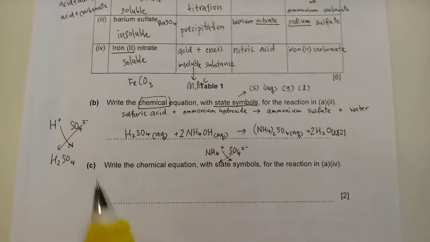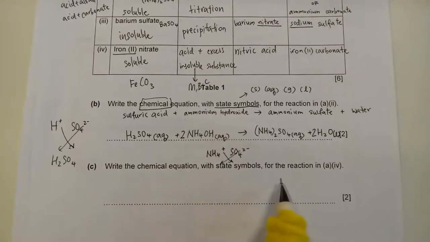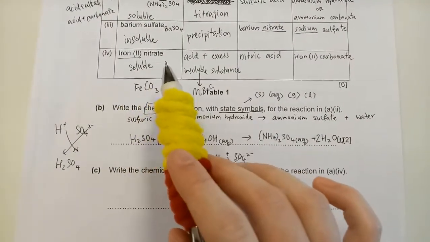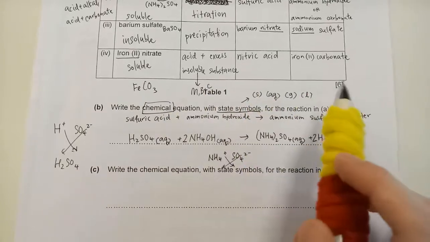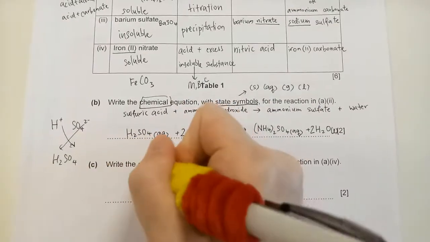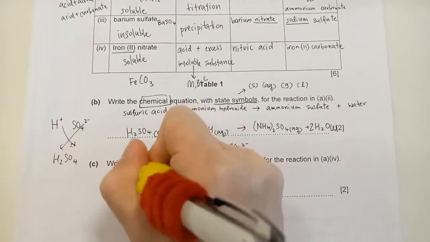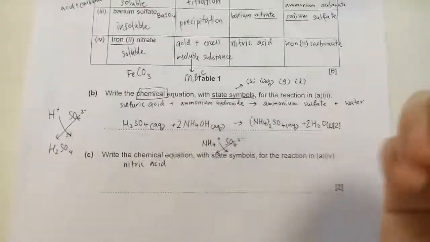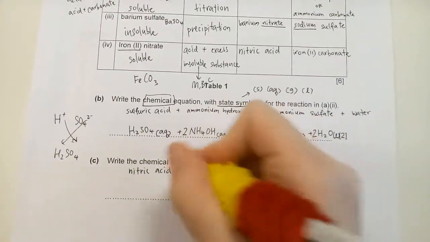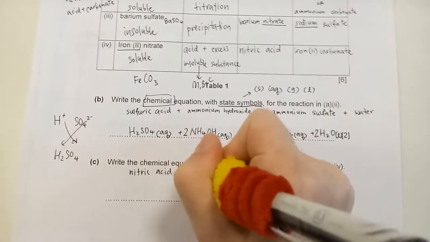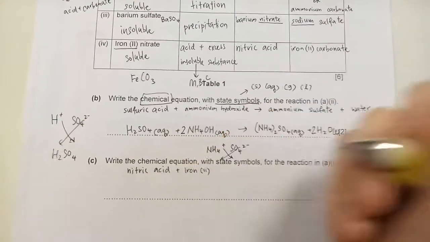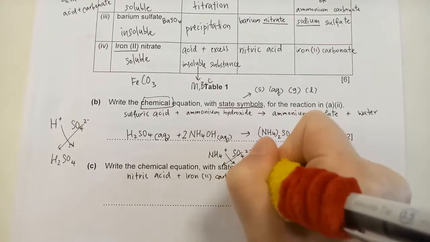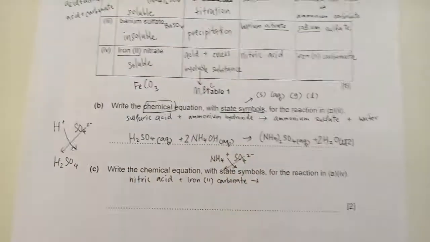Okay, write the chemical equation with state symbols for the reaction in A part 4. I want to make iron 2 nitrate. So to make it easier for us, let's write out the word equation first. Nitric acid plus iron 2 carbonate gives me what?